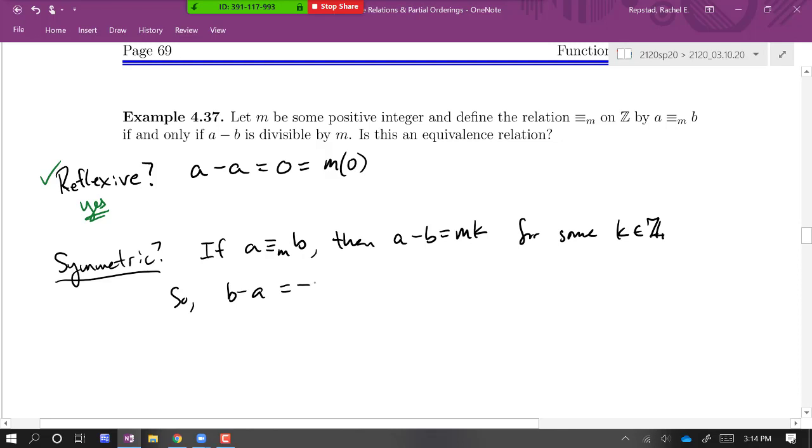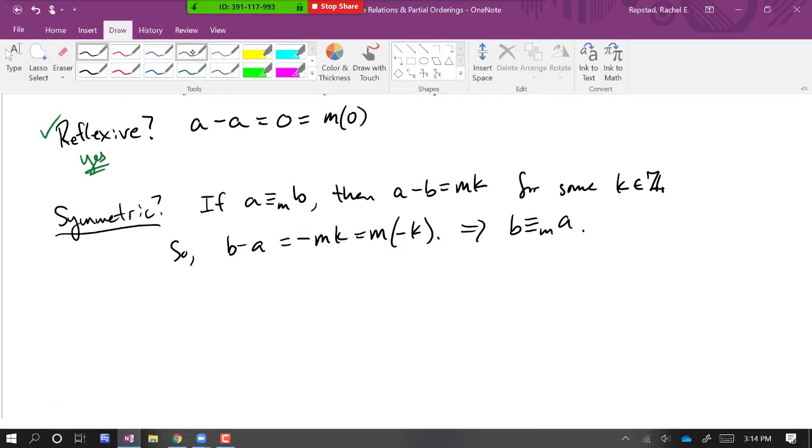Negative mk, or k times negative m, or m times negative k. There we go. So that means that b minus a is a multiple of m. So b is related to a. That gets a yes.